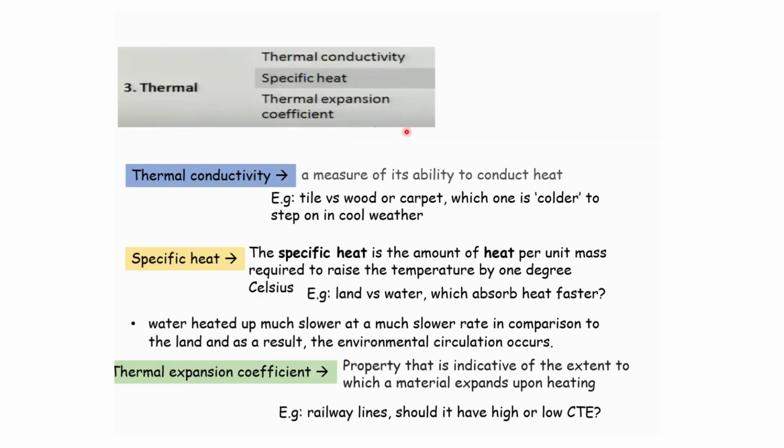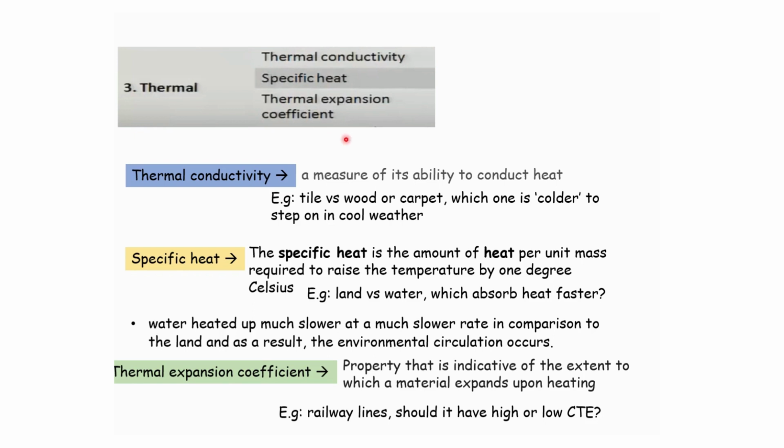All right. Now we move on to the third one, that is thermal. Under the thermal classification, we have thermal conductivity, specific heat, and also thermal expansion coefficient. Thermal conductivity measures how well a material conducts heat.